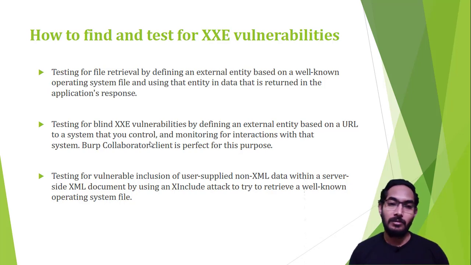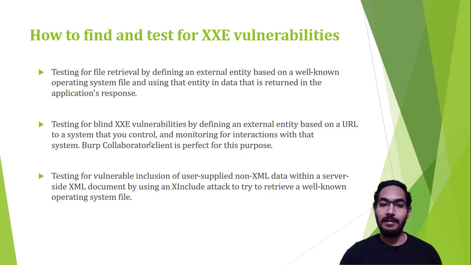Then we tested it further. The next thing we did was use the XInclude function. When the application was validating the XML document properly and not allowing the creation of any XML entities, this was the bypass. XInclude is also an XML function, within the XML document, but it is not an entity or external entity, so we can just use this kind of function.